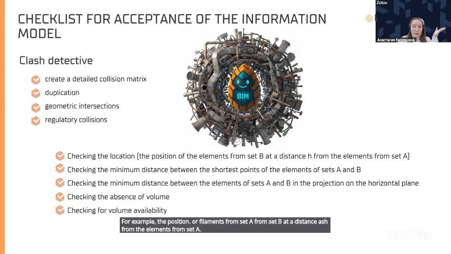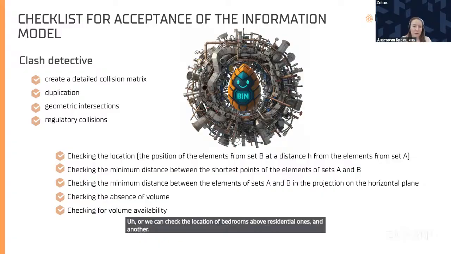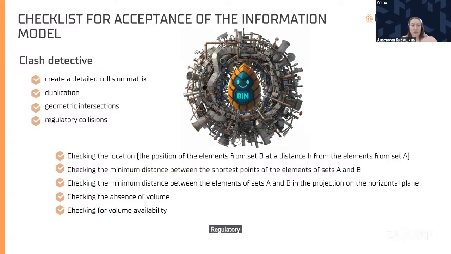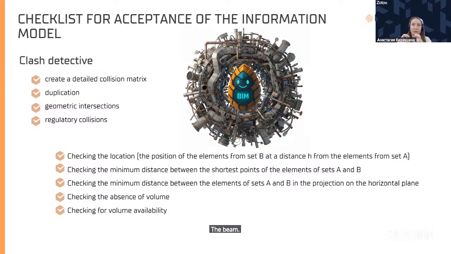For example, we can check the minimum height observed in the rooms, or we can check the location of wet rooms above residential ones, and other regulatory conditions that we need to check. So these are examples of checking, not the beam checking.